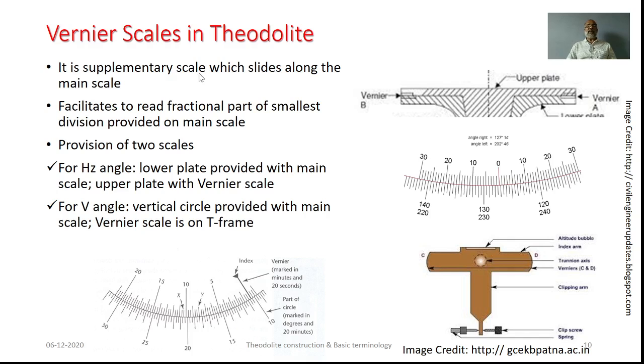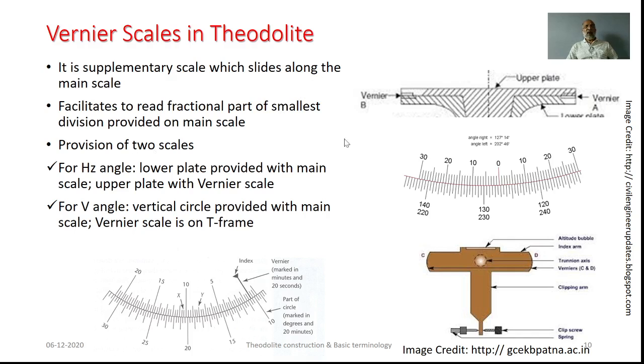The Vernier scales provided in the theodolite are one of the essential parts for measurement of angles with better precision. It is a supplementary scale which slides along the main scale, and could be related with the horizontal main scale as well as the vertical scale.